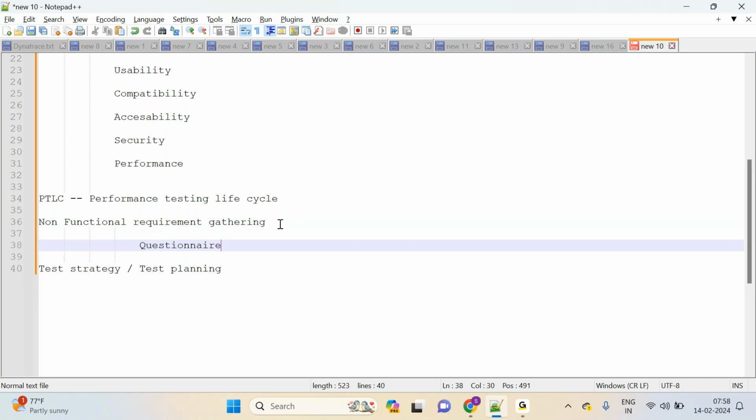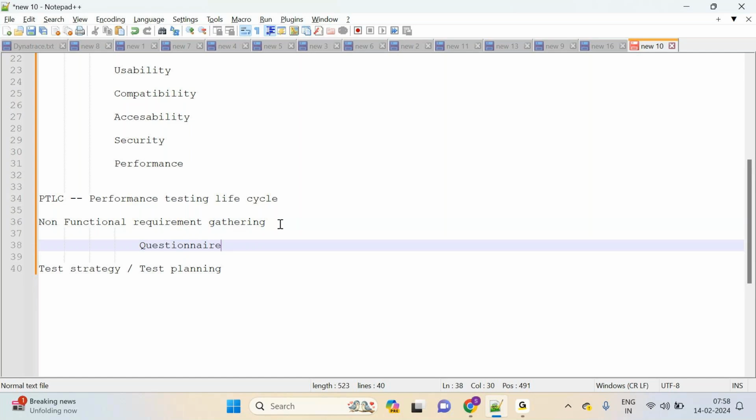What is your scope of work, what are all the applications we have to test, what are all the technology details, architectural details, like that. The customer will fill the questionnaire document, and based on that they are going to get the non-functional requirements. Certain organizations work in this way.